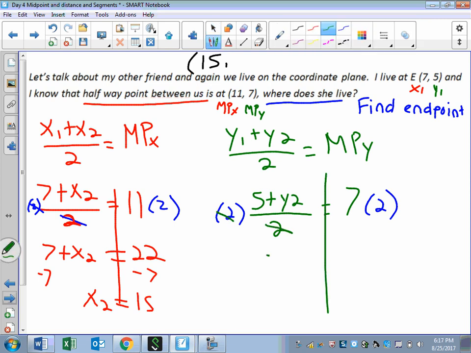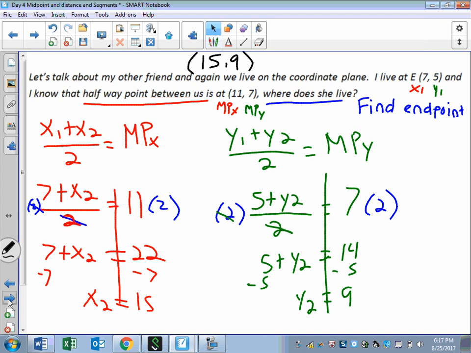So we have 5 plus whatever the second y is equals 14. And then we can just subtract 5, and we learn that our friend actually lives at x 15 and y 9. So that's how you go about finding the endpoint when they give you one endpoint and one midpoint.